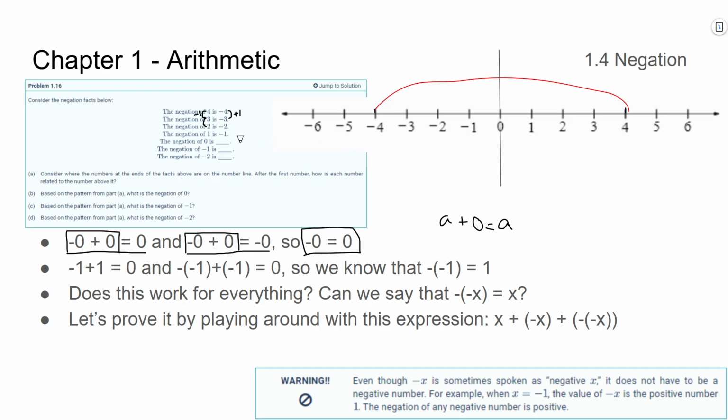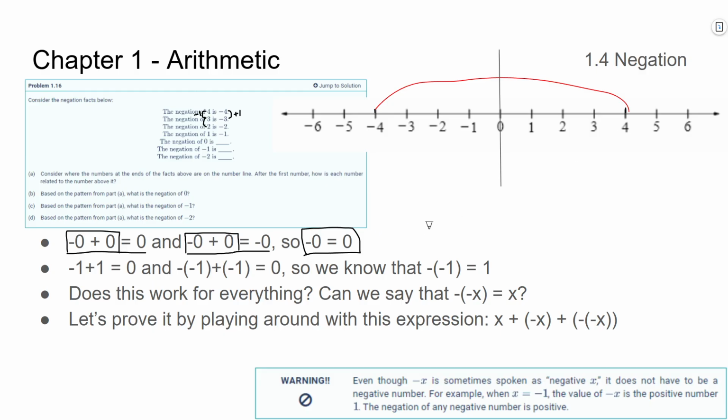Either one will be technically correct, but I would say negation of 0 is 0. Anyways, enough about 0. Moving on. Negation of -1 now. All right, so we could probably be pretty confident in saying that the negation of -1 would be 1, but let's just show some stuff real quick.